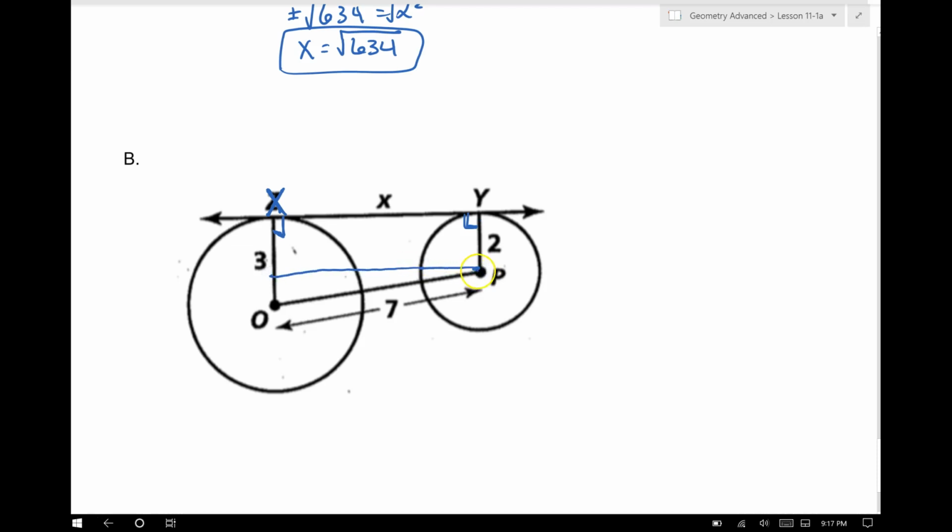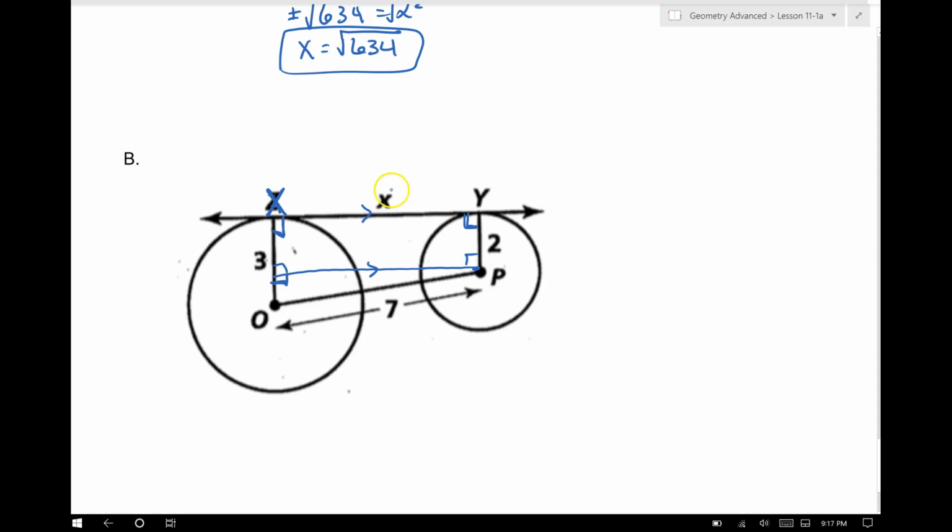But the cool part here, I'm still going to go from the center of the smallest circle and draw it so it's parallel to my common tangent. All right, parallel to the common tangent, and I get a right angle right here. The reason I'm doing that, again, I'm dividing that into a rectangle and a right triangle, correct? Because that would be like this if I draw them so they're parallel.